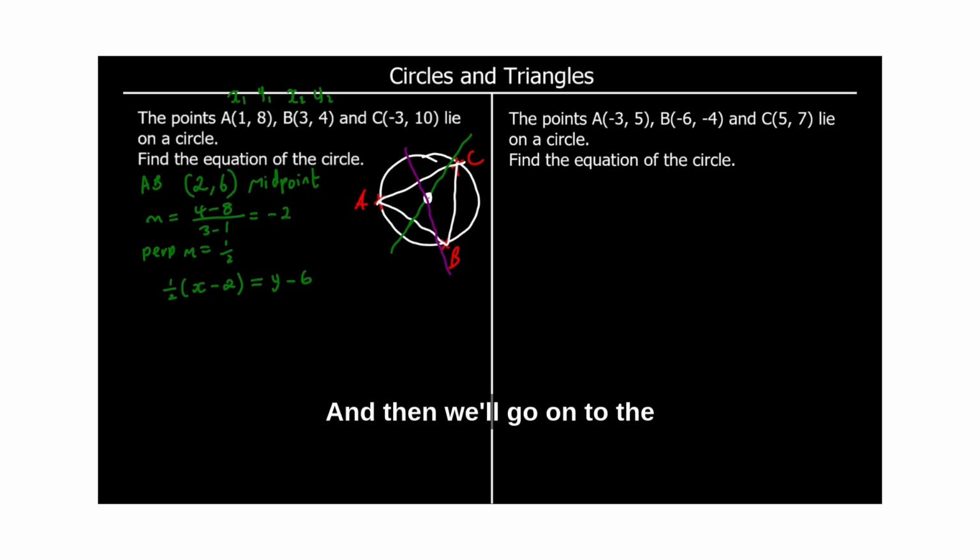And then we'll go on to the perpendicular bisector of AC, x1, y1, x2, y2. So for AC, what's the midpoint? Between 1 and negative 3, that's negative 1. Between 8 and 10 is 9.